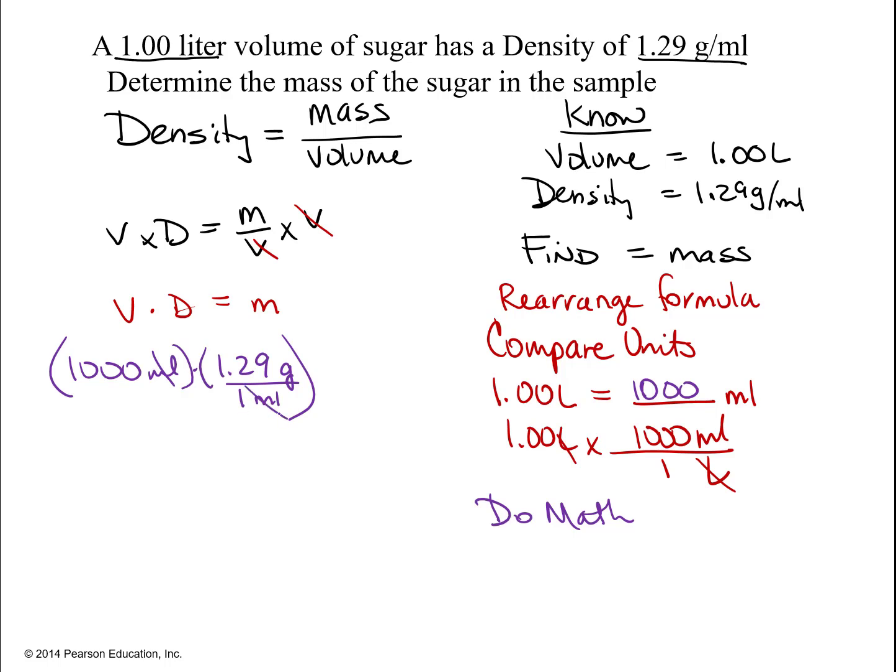Milliliters and milliliters will cancel, and it'll leave you with your answer in grams. So I just take 1,000 times 1.29 in grams.